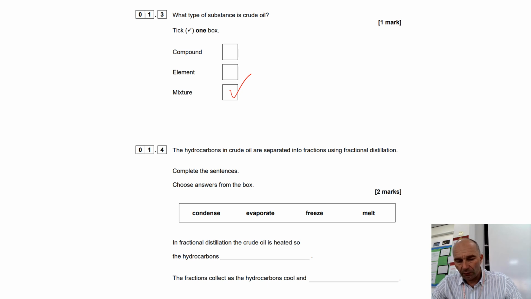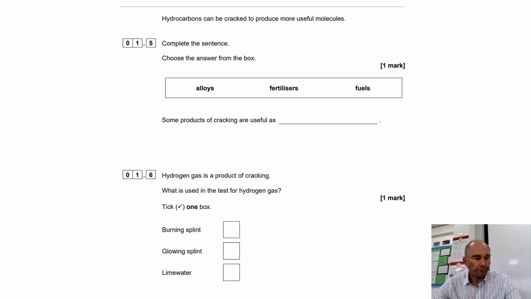It has to evaporate first of all, so we vaporize it. The fractions collect as the hydrocarbons cool, and this is where they condense into the various substances, generally liquids. So 2 marks, obviously those words need to be in the correct order to get both marks.